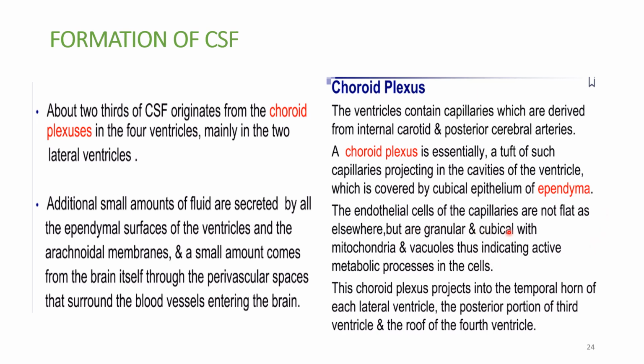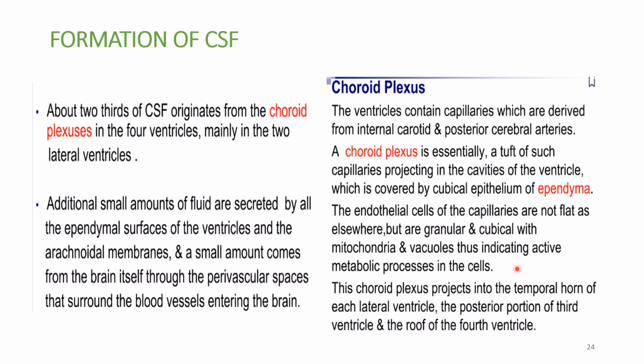The endothelial cells of the capillaries are not flat as elsewhere, but they are granular and cubical and have more mitochondria and vacuoles. So what does it indicate? It indicates the active metabolic processes occurring in these choroid plexus cells.